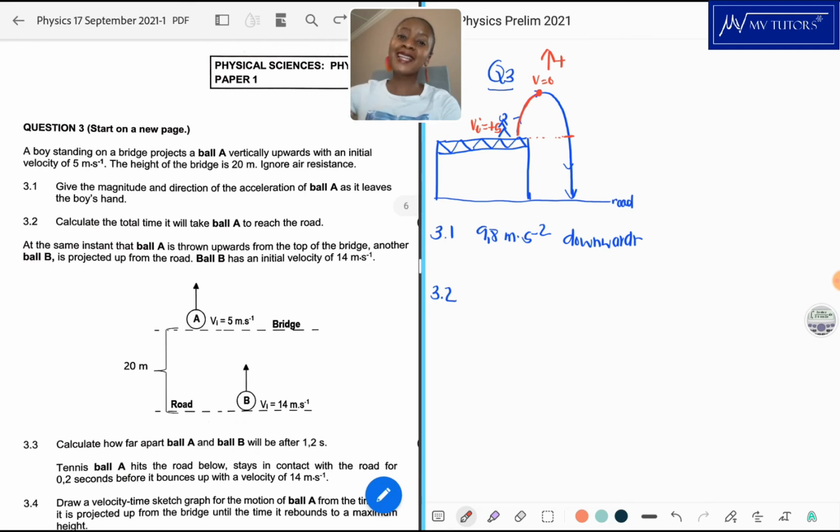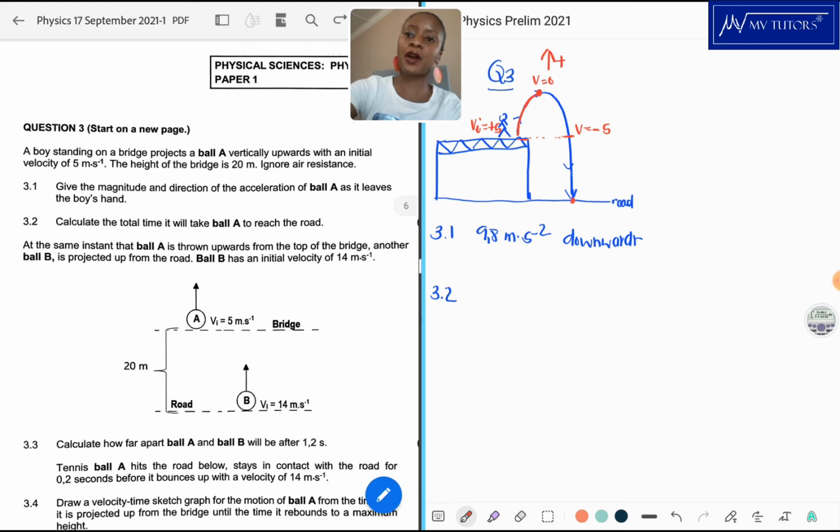As it heads downwards, from the level at which it was thrown, that velocity will be the same. So I'm going to get a velocity of 5 this side, but because I took upwards as positive, and this time the ball is going downwards, this velocity here will be negative 5.